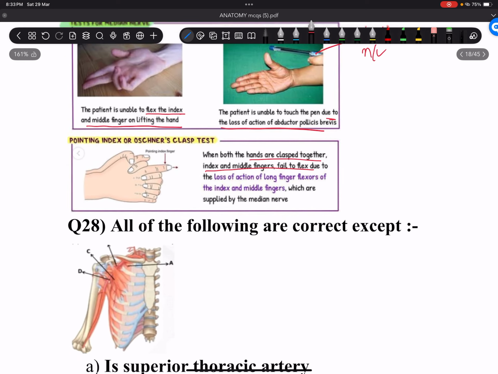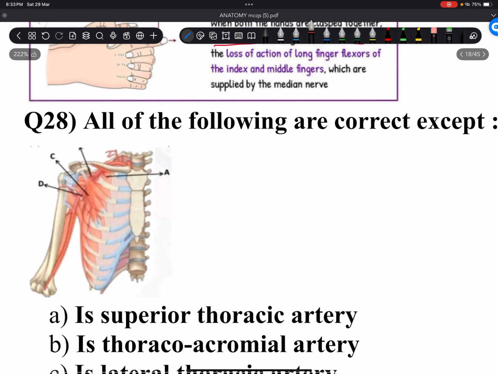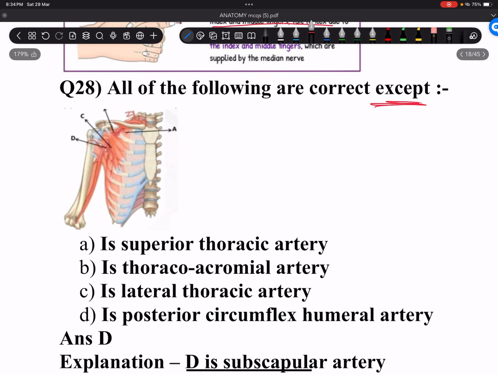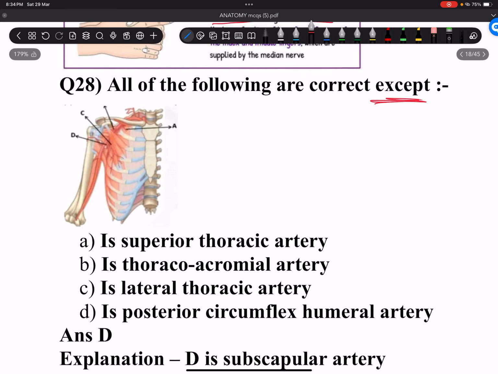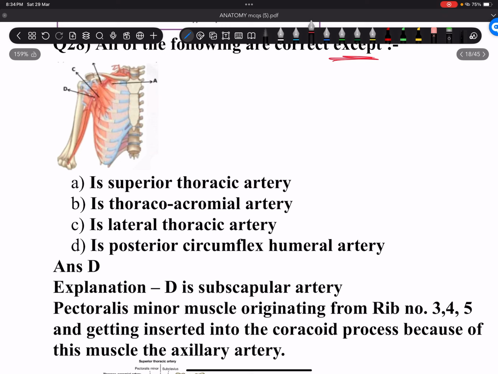Let's go to another question, which is image based. All of the following are correct except. Focus on the word except. What is the answer? D is the posterior circumflex humeral artery. So what is D actually?